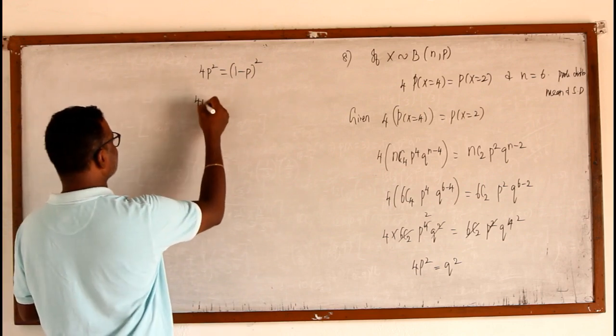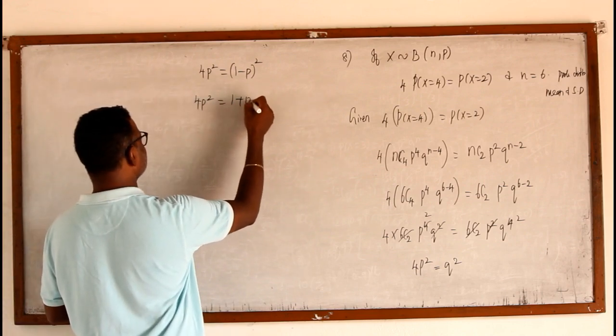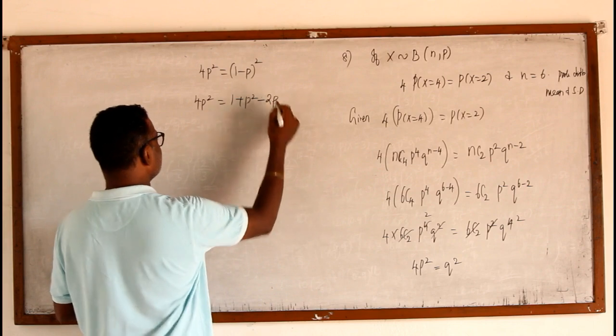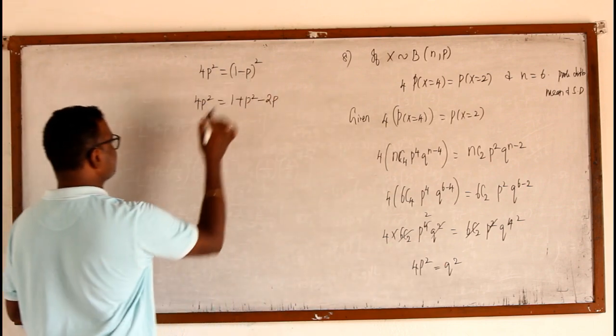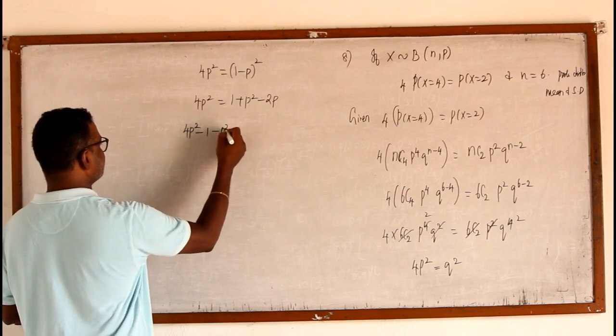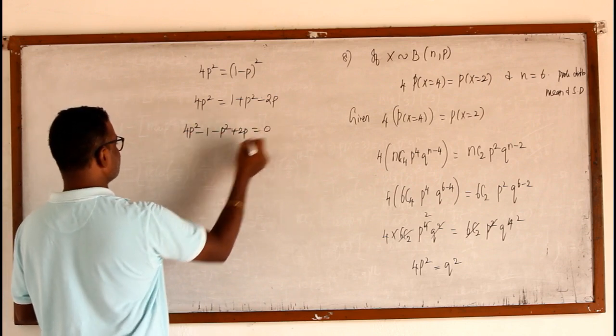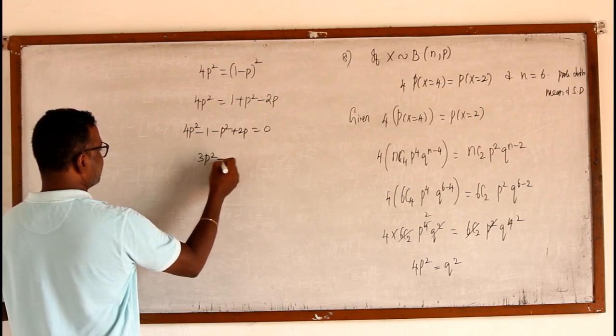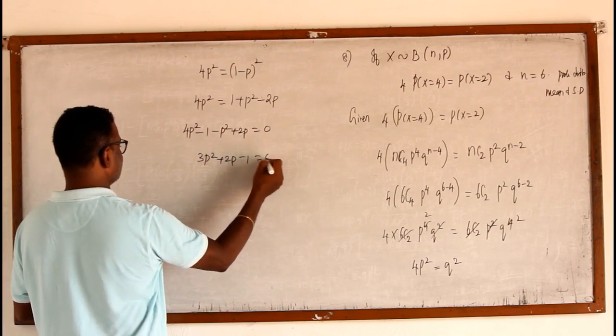Expanding, 1 plus p square minus 2p, because we know q is 1 minus p. So 4p square minus 1 minus p square plus 2p equals 0. Is it not 3p square plus 2p minus 1 equals 0?